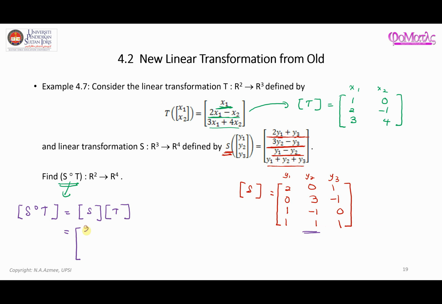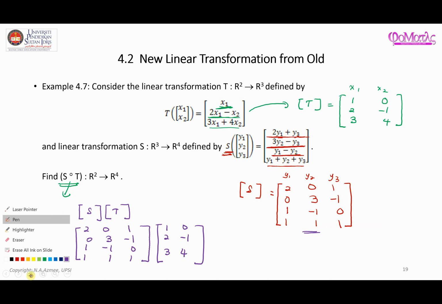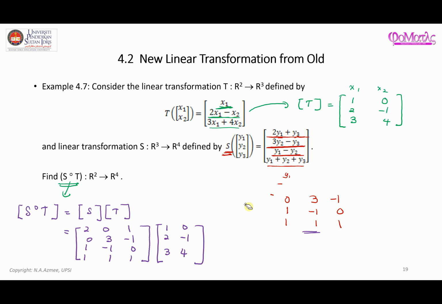We have 2, 0, 1, 0, 3, negative 1, 1, negative 1, 0, 1, 1, 1. And T here is 1, 0, 2, negative 1, 3, and 4. So we're just going to multiply that.